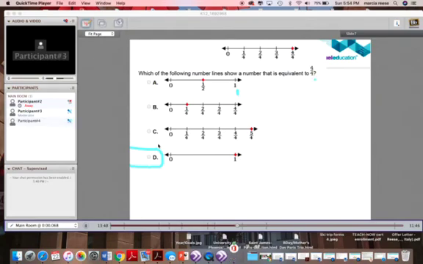Ah, yes, I see that. I realized it's D because it's only 1. That's right. Because in letter A, it demonstrates 1/2 and then 1. But D, you are correct because it only demonstrates 1 whole, which we're looking for to find what's equivalent to 4/4. Good job.